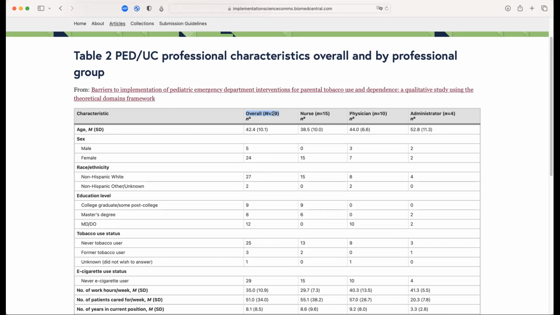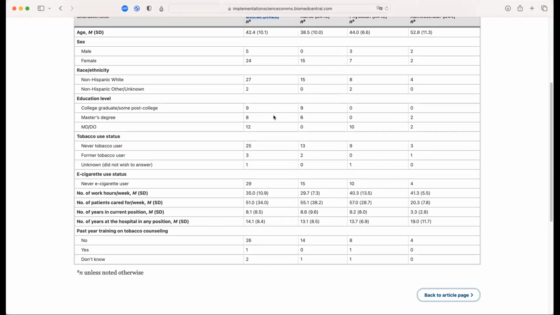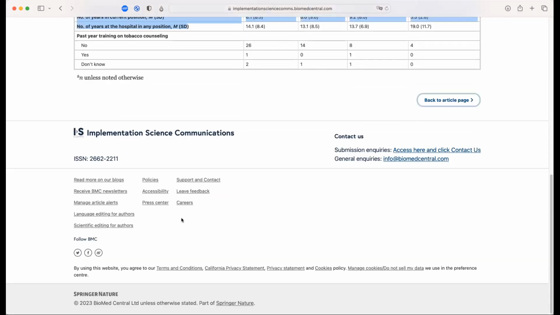That's not bad to have a little missing data. That's fine. Now, if we look through here, we have things like how much they worked, number of patients they cared for, how long they've been in this job, and other things like that. So yeah, helpful context to know.